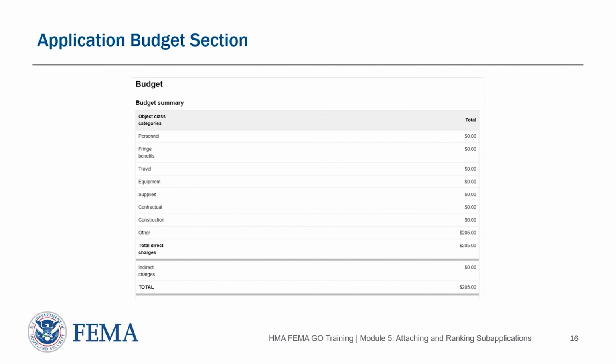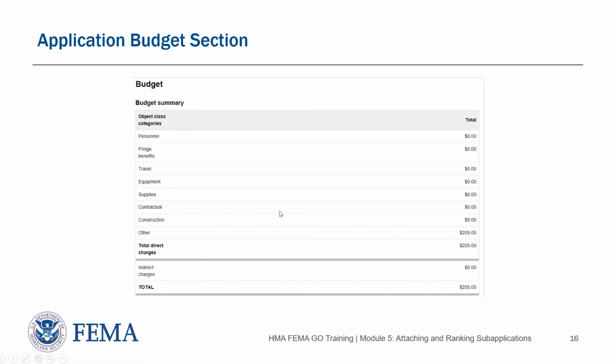The grant application's budget section is automatically populated by FEMA GO based on the information in the attached sub-applications. Once the sub-application budgets are rolled up, you'll notice that they all appear in the Other category. So all of the dollar amounts from your sub-applications appear here in the Other category.